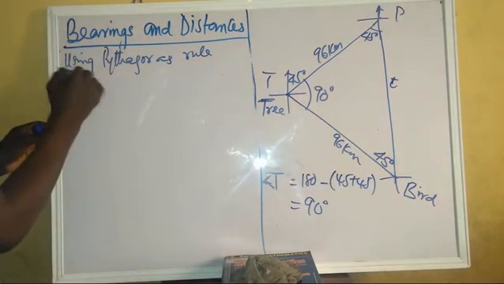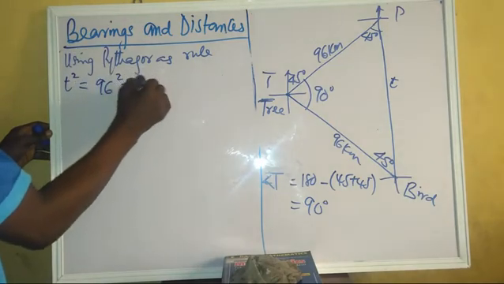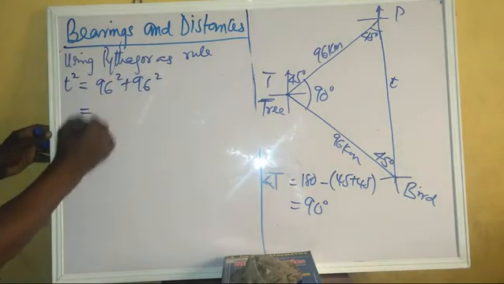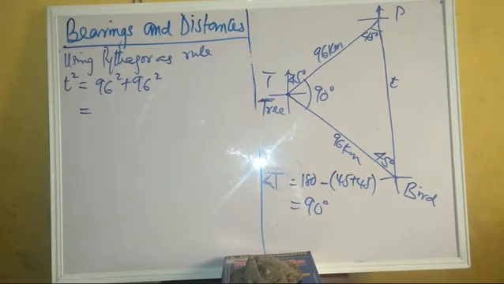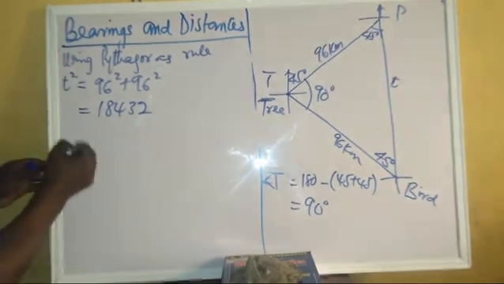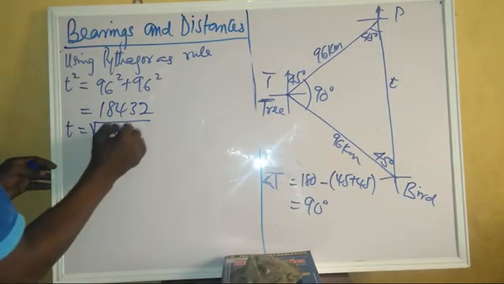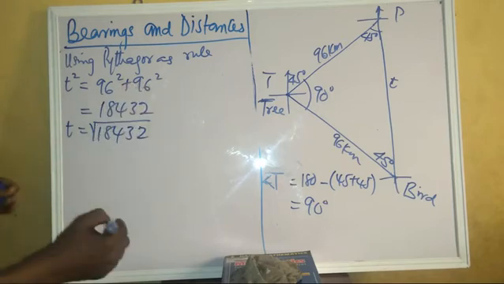T squared will now be 96 squared plus 96 squared. So when you do that one, you are going to get 18432. Then your t will just be the square root of 18432.